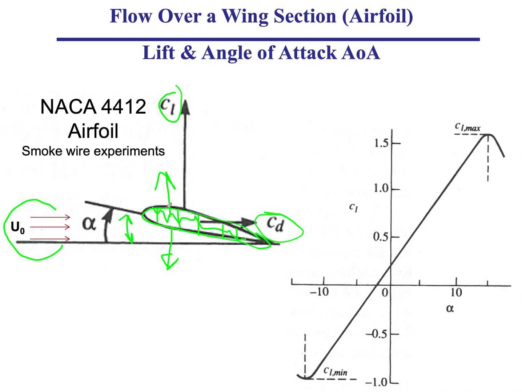And that airfoil section is associated with a lift coefficient plot versus the angle of attack. The angle of attack, because it's a ratio of two lengths, is a dimensionless number, and the lift coefficient is also a dimensionless number.